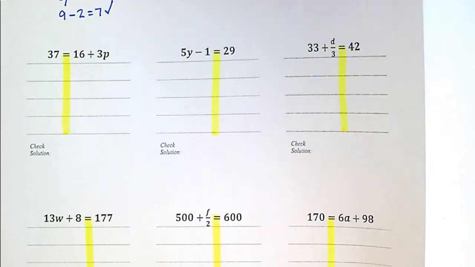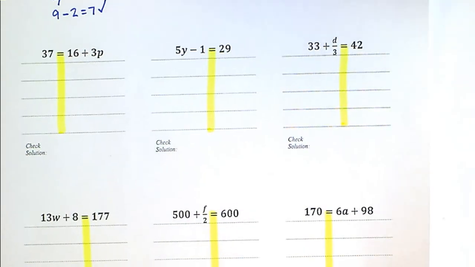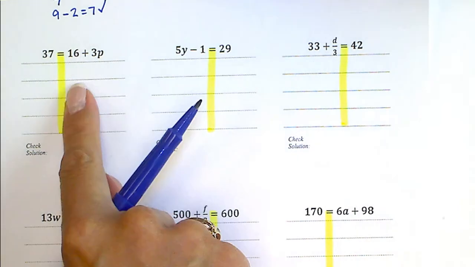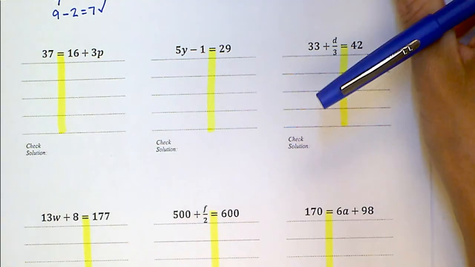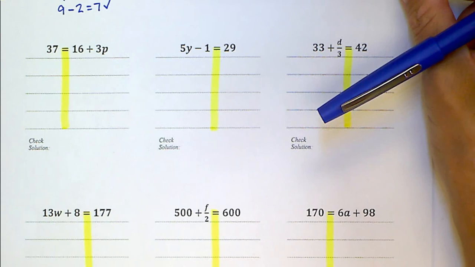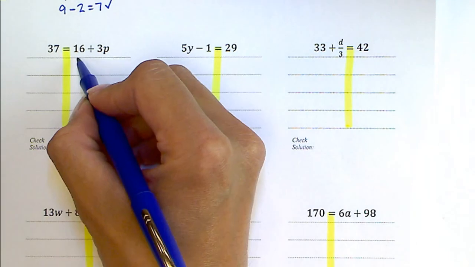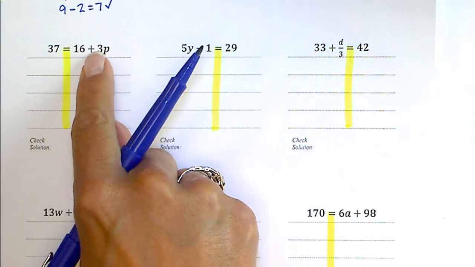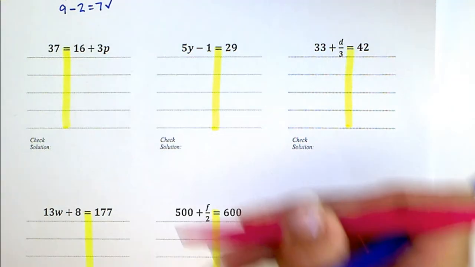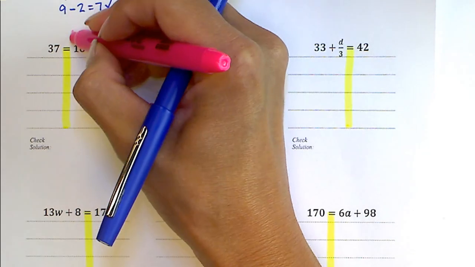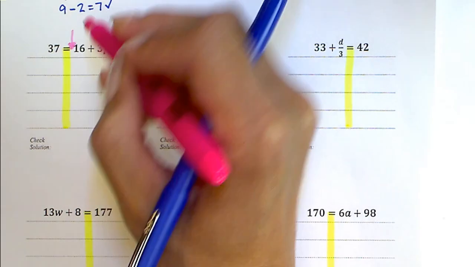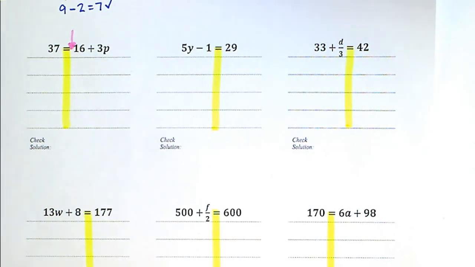Okay, for row 2, I'm going to go ahead and do the first one and the third one, so I want you to do the middle one on your own. And the opposite of a positive 16, again, I'm not looking at this plus sign. I'm looking at what's in front of this 16. Well, because there's no negative there, I know it's positive.